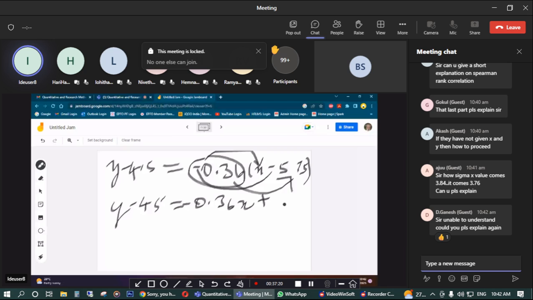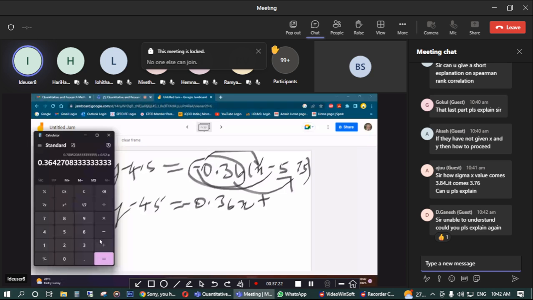So what is that value? Minus 0.36 into minus 5.75. How much are you getting?